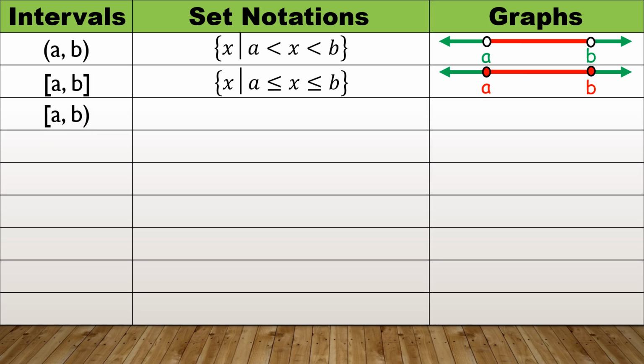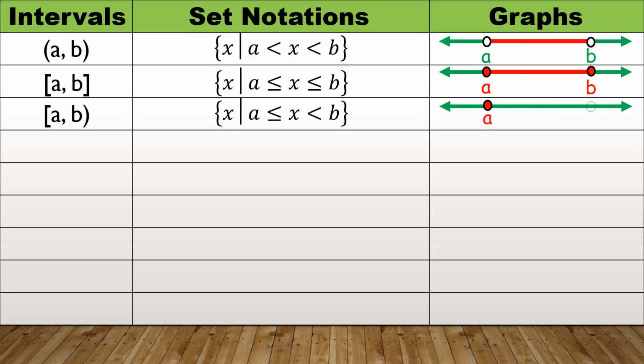Next, we have the intervals A and B. A is enclosed by a bracket and B is enclosed by a parenthesis. Ibig sabihin, in our set notations, for all values of x, x is greater than or equal to A but less than B. In our graph, A is graphed with a shaded circle indicating that A is included in our solution set.